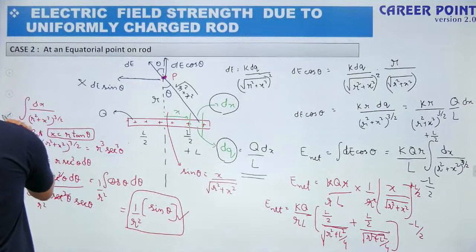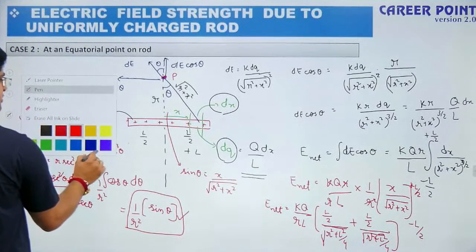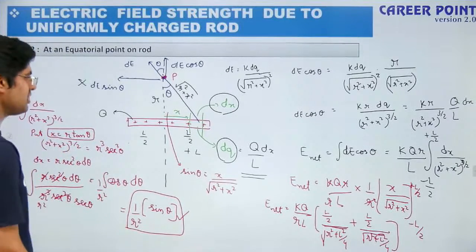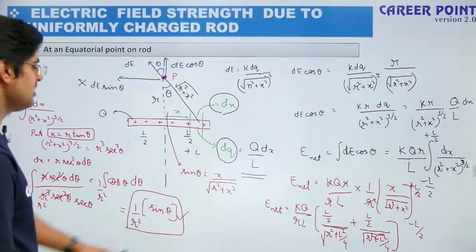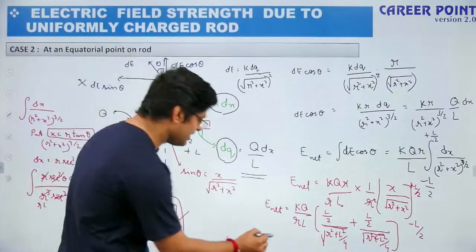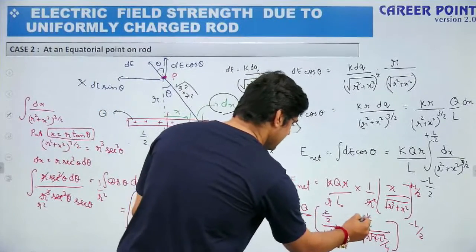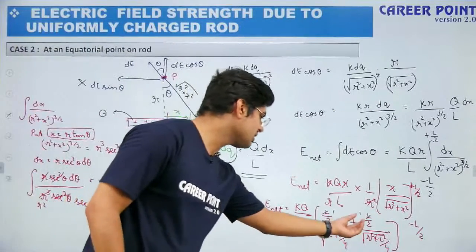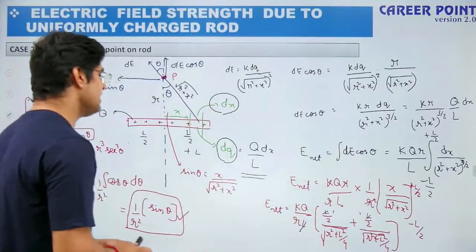Let's change the color to avoid confusion. I think you will like violet color or dark blue color. So from here, I am writing the answer directly. How? See, I will cancel L from here directly. 1, 1. Okay. And 1 by 2 of this, 1 by 2 of this, I can write directly the answer.